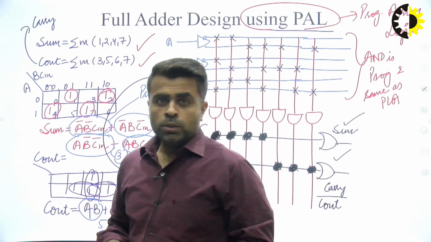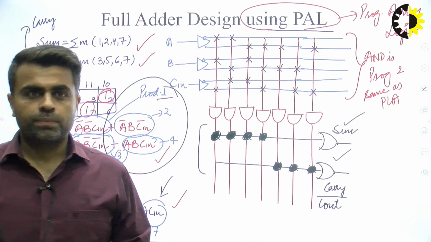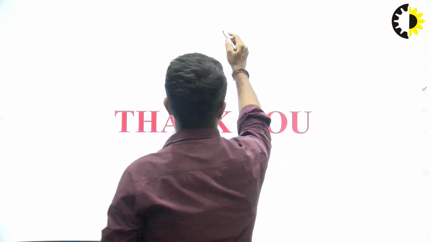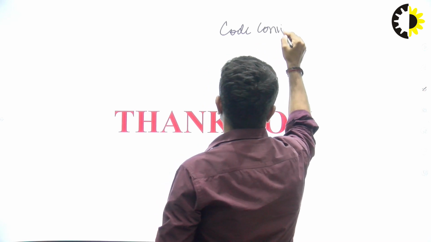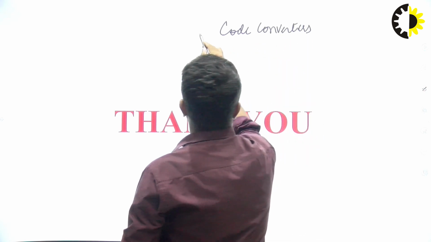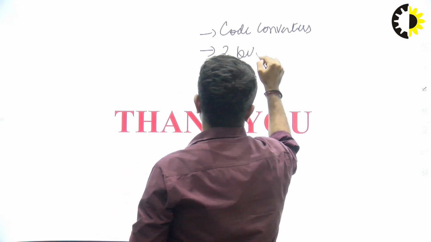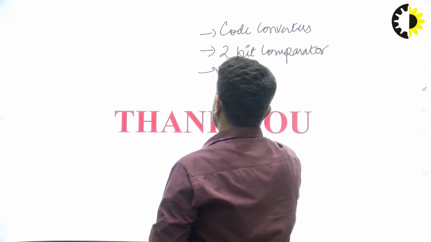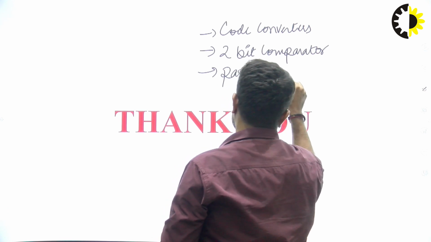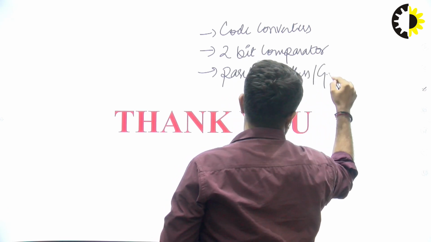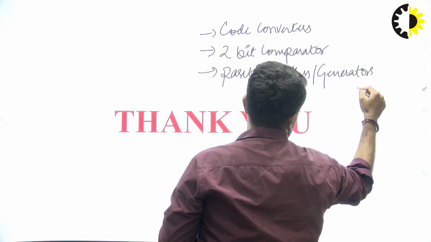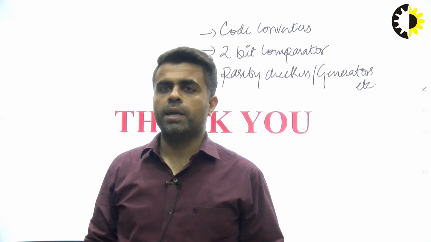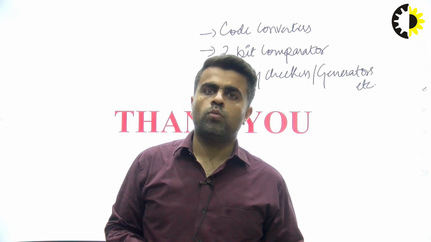Okay. So with this we come to the end of today's lecture, and these 3 devices can be used to design any other circuit like code converters, two-bit comparator, parity checkers or generators, etc. Okay, each will be requiring different number of inputs, different number of outputs, and we have to choose carefully what size of decoder.